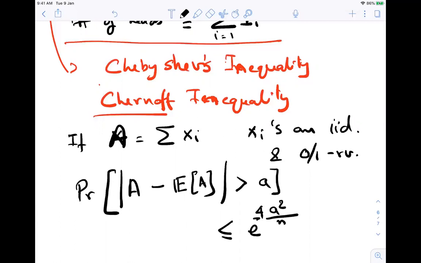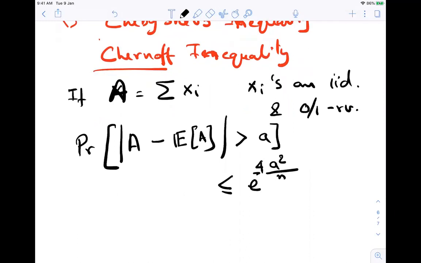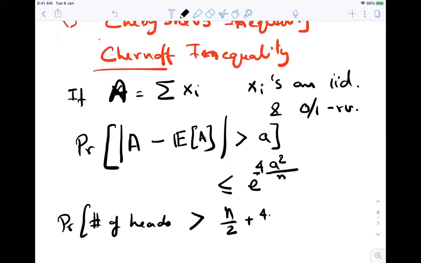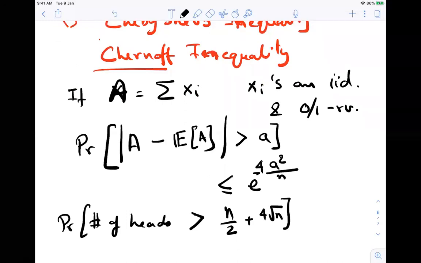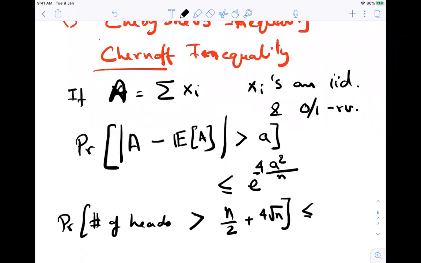If you do all these calculations, what you will realize is that the probability that the number of heads in the coin toss is more than n by 2 plus, say, 4 times square root of n is itself less than any small number, say 1 by n.